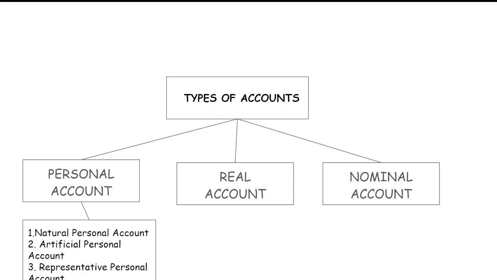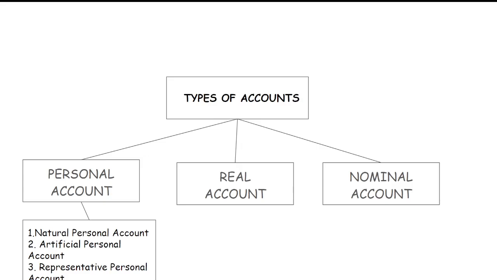Coming to the nominal account, this account is dedicated to the expenses and income predominantly. So it even considers losses and gains as well. Now whatever expenses we incur in a business, right from electricity bill to purchases to salaries, taxes, postage and telegram, stationery, audit fee, legal fee, these all things are included under nominal account.